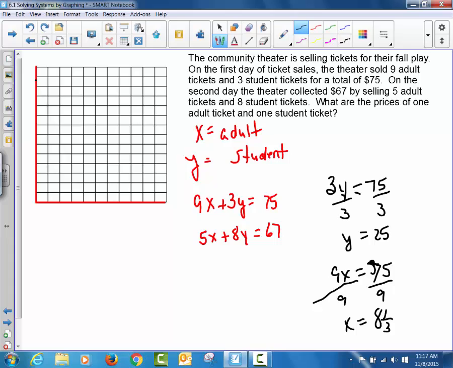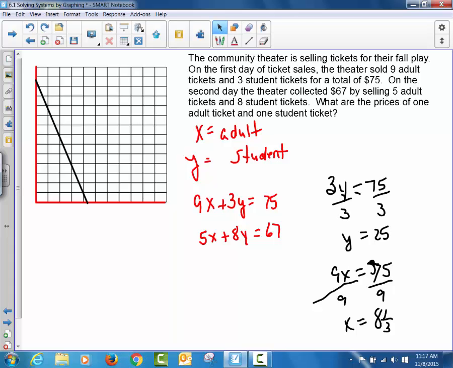So we come over here and we go 2, 4, 6, 8, and 1/3, and we've got our x-intercept. So now we can draw our line, and we've got our first line.